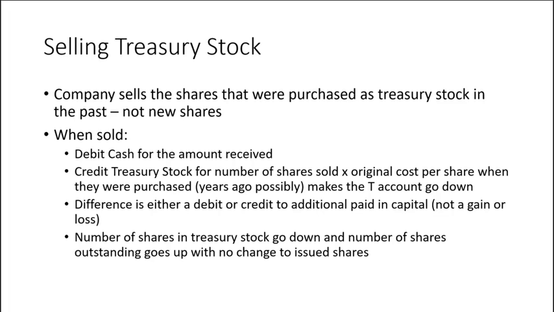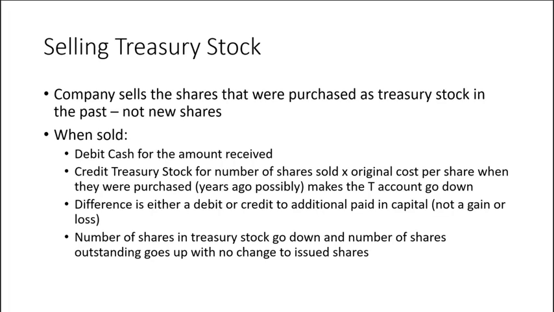The difference between what we sell it for, the cash, and what we bought it for, the credit to treasury stock, goes in additional paid-in capital. Typically, it's going to be a credit to additional paid-in capital, but it could be a debit to additional paid-in capital. It is not a gain or loss. It does not go on the income statement. FASB is very specific about that.